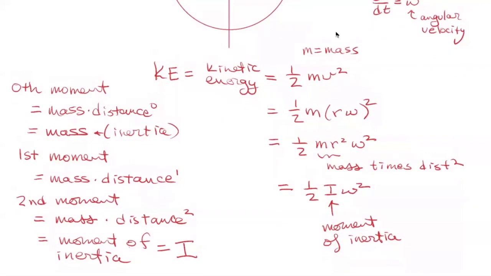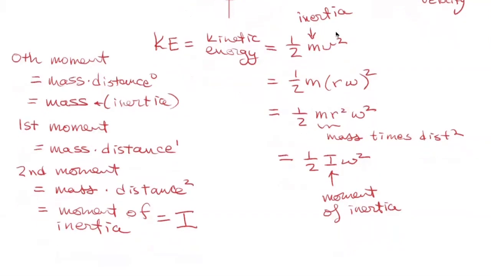M up above is just inertia. So moment of inertia is analogous to mass, except it's related to rotational motion. And if you think about it, it's mass times distance squared. So if an object has a great deal of mass, but it is very small and you rotate it about the center of mass, then the distance is 0.